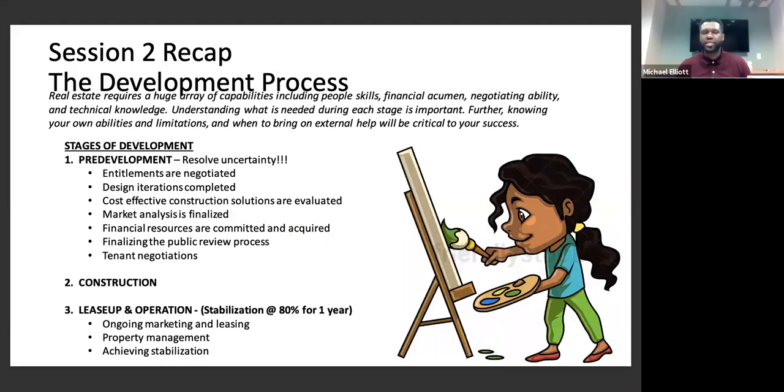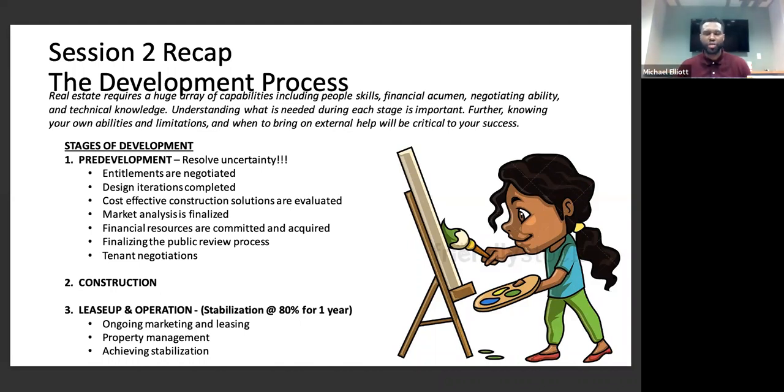In our second session, we talked about the development process as a whole. Generally speaking, there are three parts of the process: the pre-development, the construction phase, and then the lease-up aspect. We discussed the importance of the pre-development process, which is to resolve uncertainty.